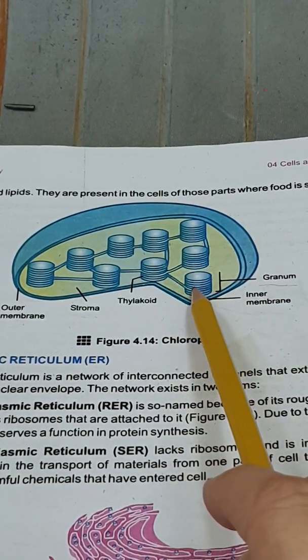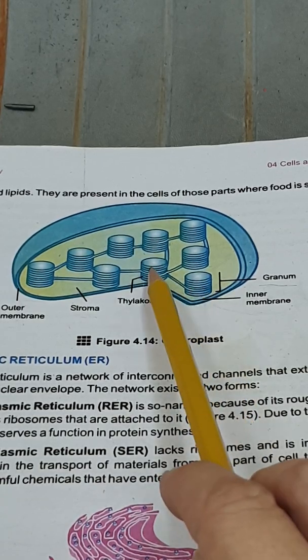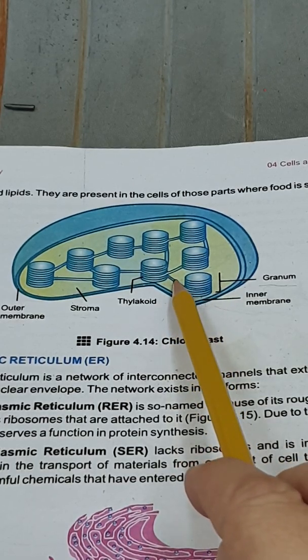When many thylakoids join each other, they form a granum, and each granum is attached to the other granum by a special connection, and this connection is known as intergranum.